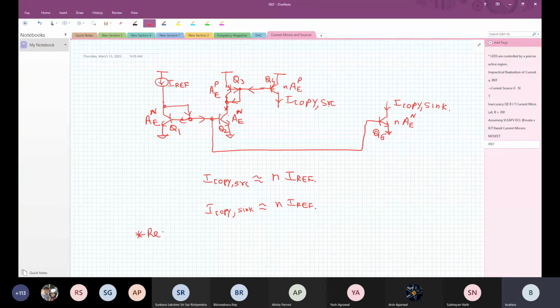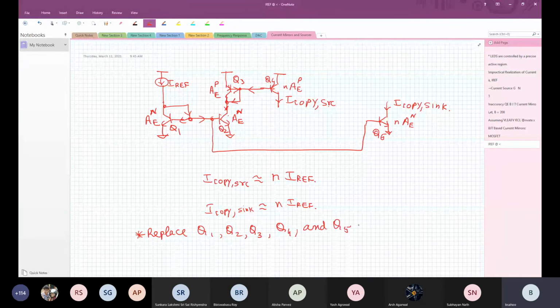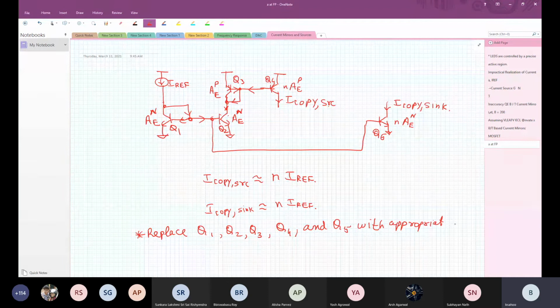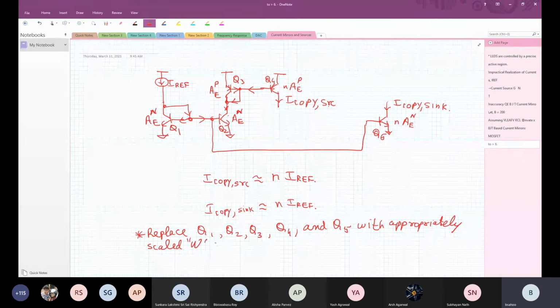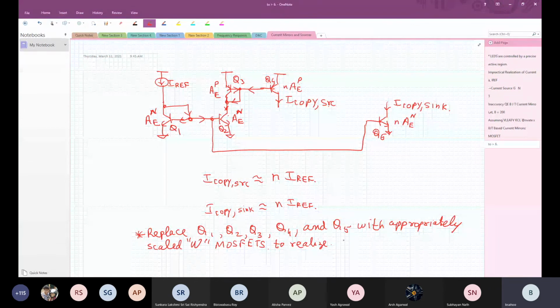Replace Q1, Q2, Q3, Q4, and Q5 with appropriately scaled W MOSFETs to realize a MOSFET current source and sink.